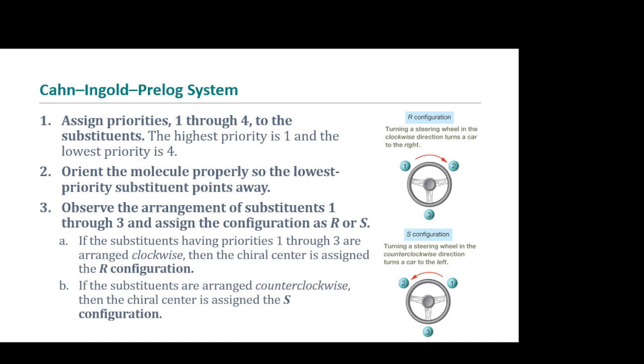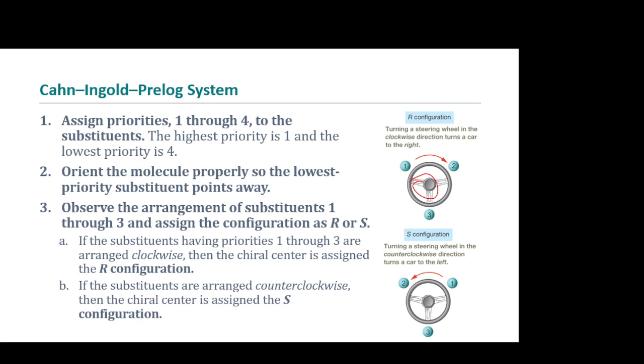So we're going to orient the molecules so that the highest priority ones are pointing towards us, and the lowest priority one is pointing away from us, eclipsed by the stereocenter. That means we actually don't see it, do we? Okay? So for example, kind of like a steering wheel, except the middle right here is a carbon, and the pole that goes into your car, that's usually a hydrogen, because that's usually the lowest priority one. Okay. We're going to observe the arrangements of substituents 1 through 3.